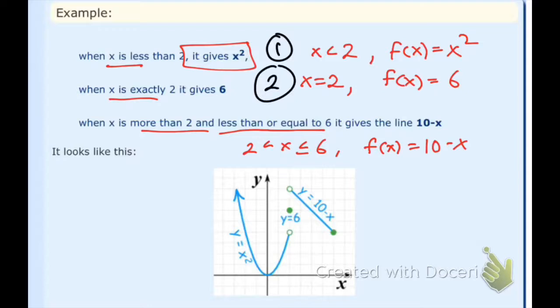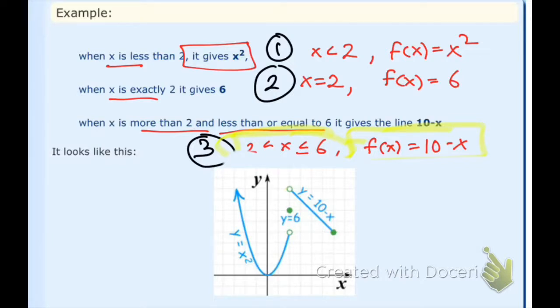And my third condition is that if I pick a number on my x-axis and it's greater than 2 but less than 6, well, then the function I'm going to use is this one right here, 10 minus x. So I have three different conditions that are being used, and each gives a different function on my graph, or a different piece, i.e. piecewise function.